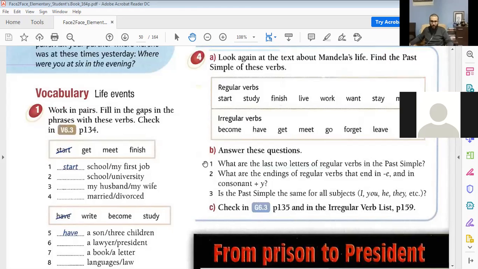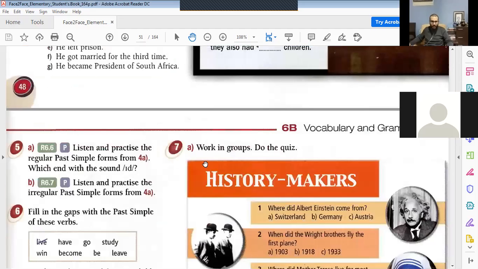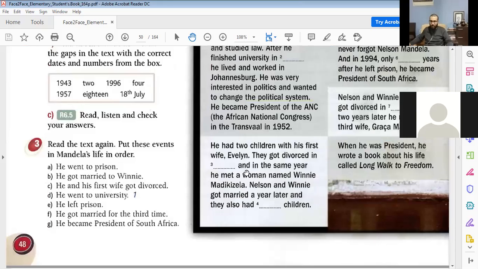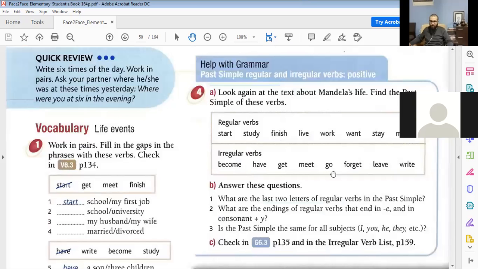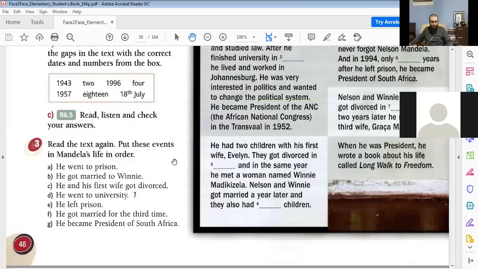So we can move on and practice the irregular verb forms. We did this in our last lesson, if you remember, when we listened and repeated these verbs: become, became, have, had. So this is just a quick revision, so we can leave it for now.